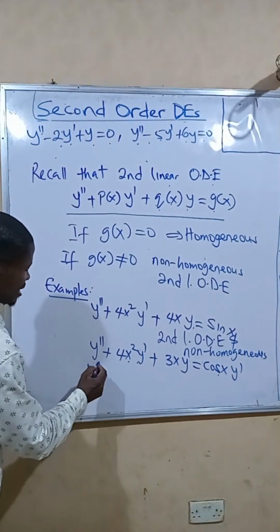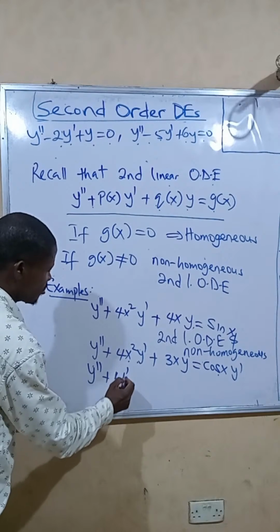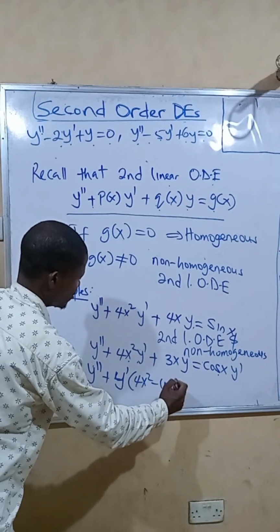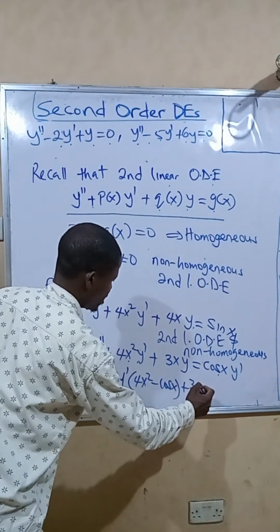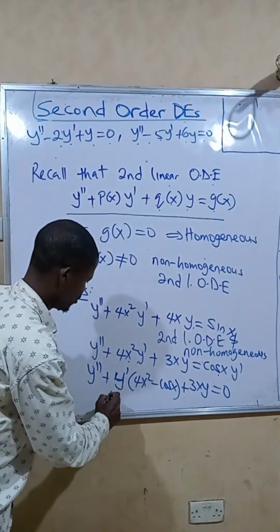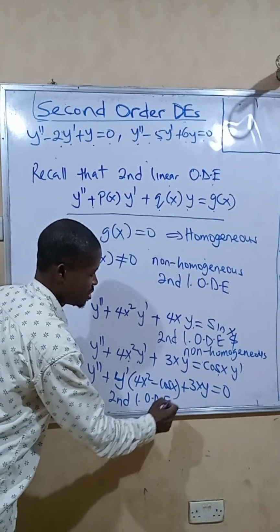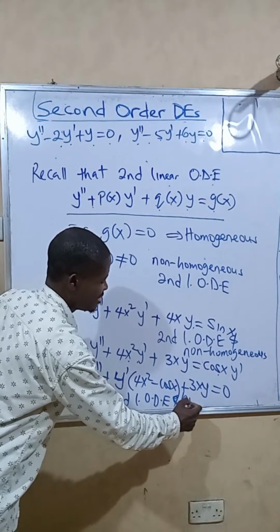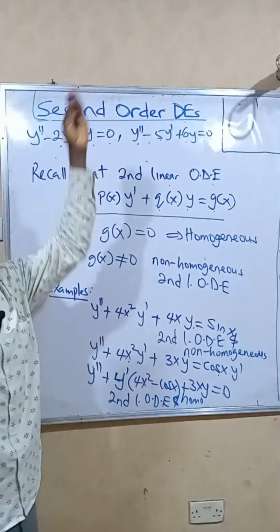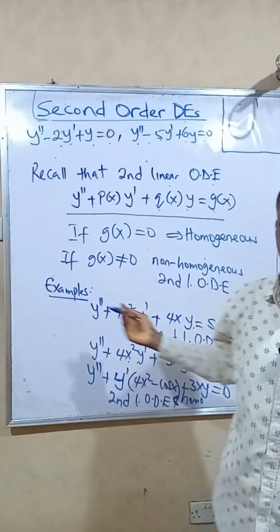So we have y double prime plus y prime into brackets 4x squared minus cos x, plus 3xy equal to 0. So this one is a second order linear ordinary differential equation, and in this case it is homogeneous, because your g of x is equal to 0. Okay, so that's that on these aspects.